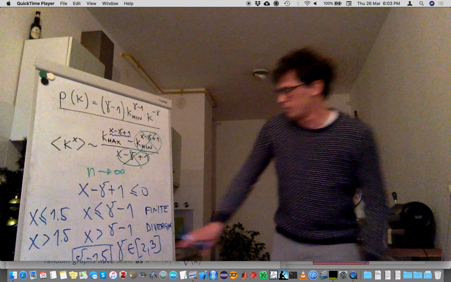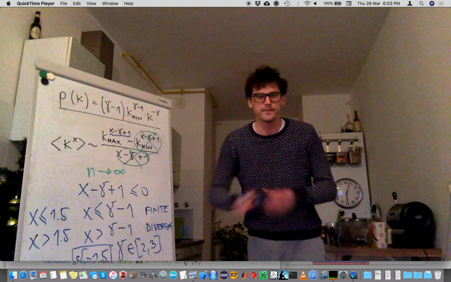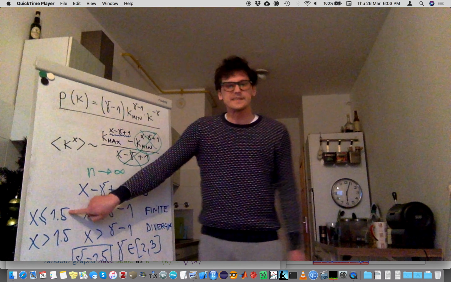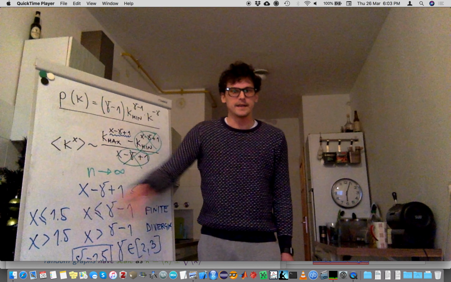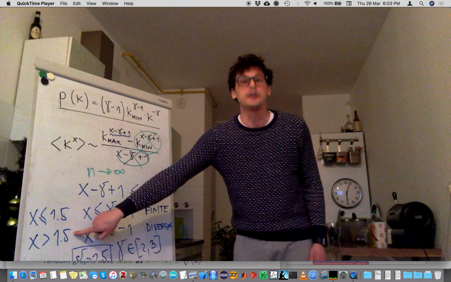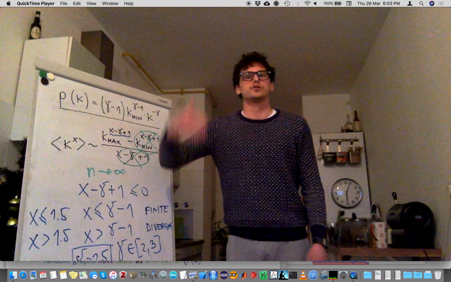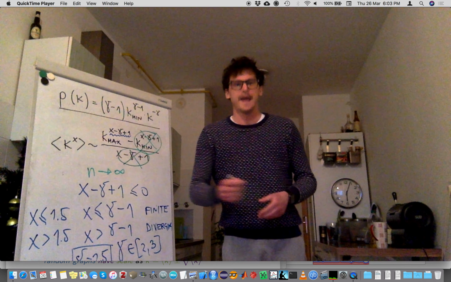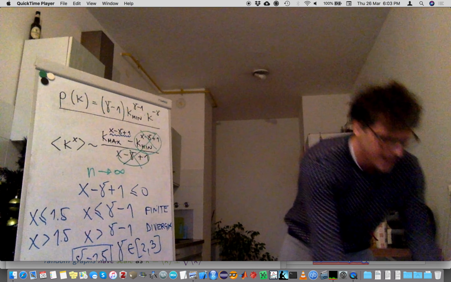Meaning that for gamma 2.5, the first moment is finite, meaning the average is finite. However, the second moment is already diverging, and also the third moment, the fourth moment, and so on.